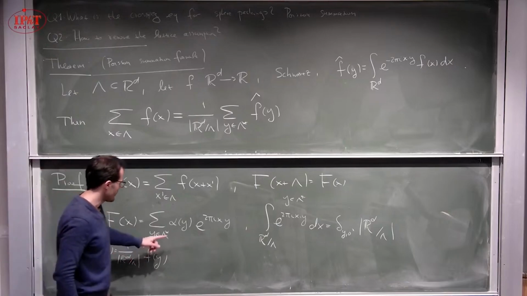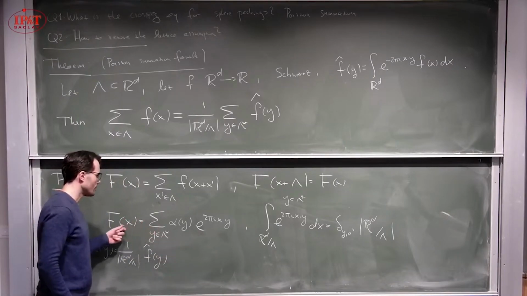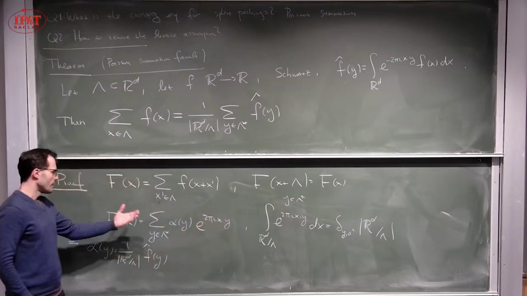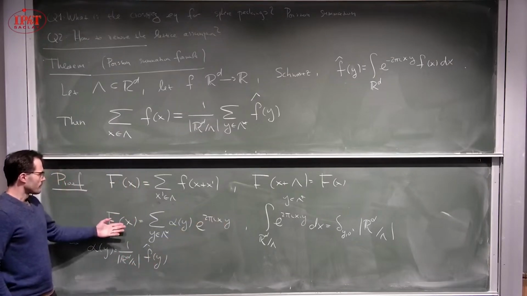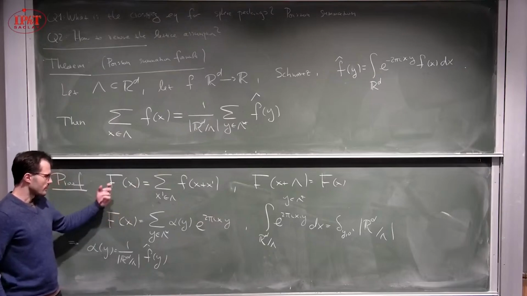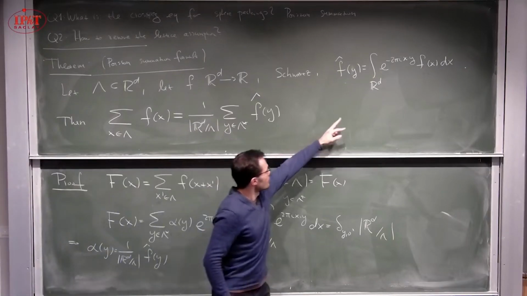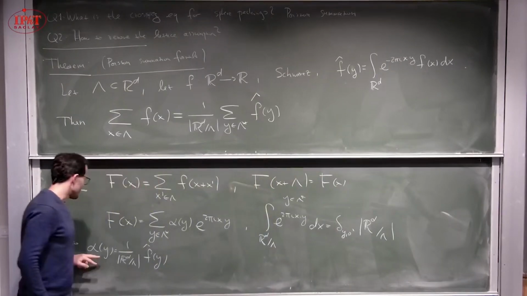And so you take this equation, you multiply by e to the minus 2 pi i x y, you integrate, and use the definition of F. That's how this integral over the unit cell becomes that integral over all of R^d, and that's how you get this.